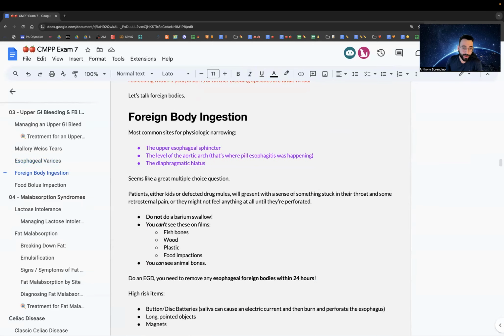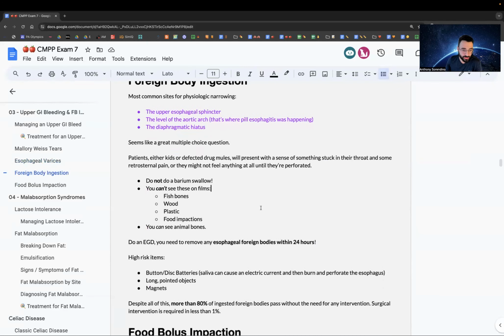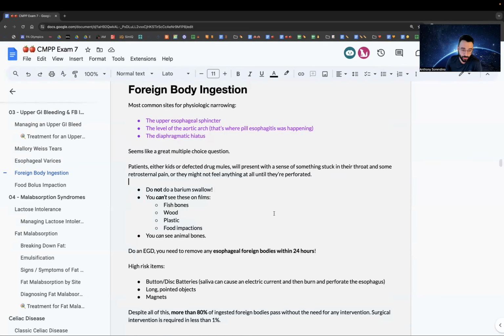Okay, so foreign bodies. The most common sites for foreign bodies are these. This could totally be a multiple choice question. So the upper esophageal sphincter, the level of the aortic arch, that's where pill esophagitis was happening, and the diaphragmatic hiatus. So patients, either kids or people who are smuggling drugs, will have a sense of something stuck in their throat and some retrosternal pain, or they might not feel anything at all until they're perforated.